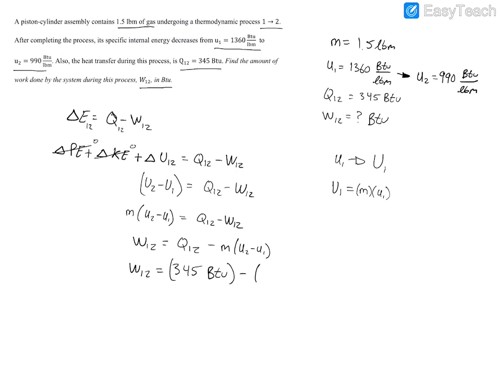minus the mass is 1.5 pound mass, times the change of internal energy is 1360. I'm sorry, 990. So 990 is actually u2, BTU per pound mass, minus 1360 BTU per pound mass.